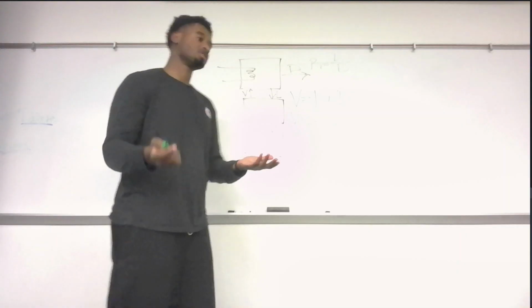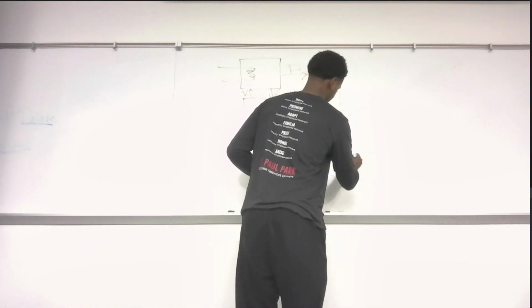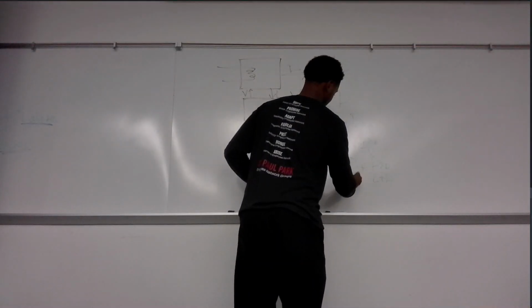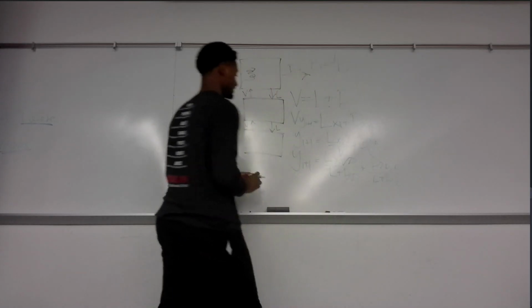To do that, we just divide by the distillate flow on the right side of the equation, divide by D and divide by D here.